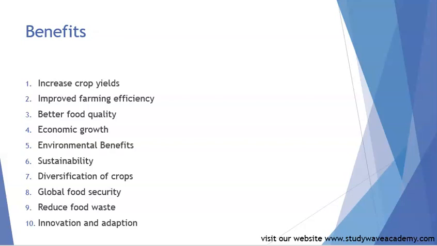Improved farming efficiency. Modern machinery and equipment like tractors and irrigation systems make farming faster and less labor intensive. This frees up time and labor for other important tasks.